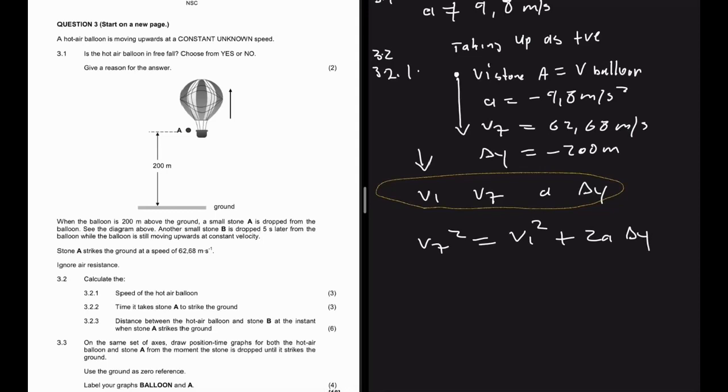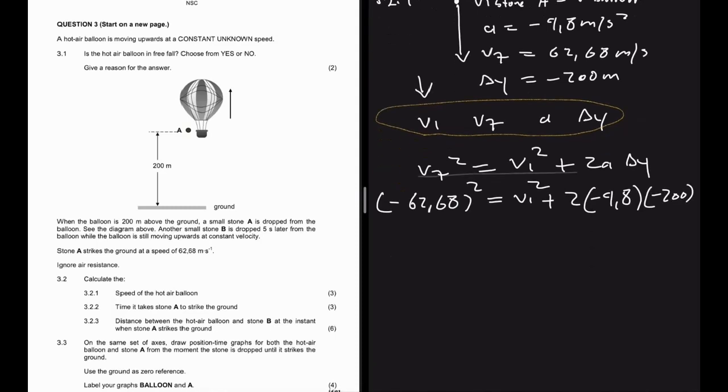VF is also minus 62.68 because we're taking up as positive and the stone is going down, right? And then equals VI squared, which is our unknown variable, plus 2 multiplied by A. A is minus 9.8 and delta Y is minus 200.